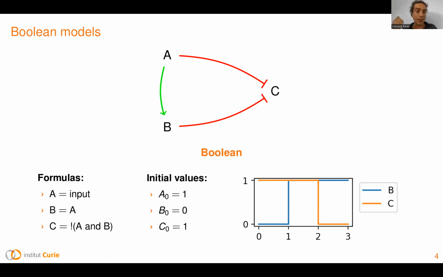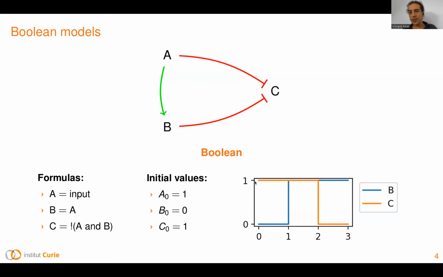Then we need to define initial values for our model to start a simulation. So we'll say that A at first is active, B is inactive, and C is active. So here in this simulation graph, we can see the value of B and C. We don't plot A since A won't be changing value during the simulation.